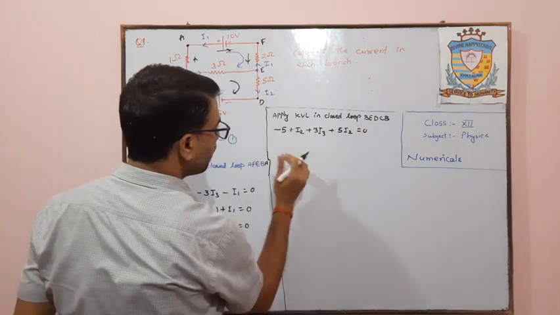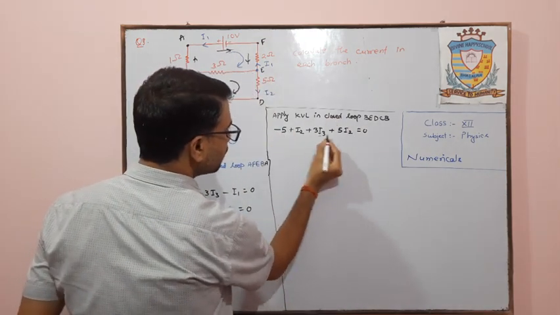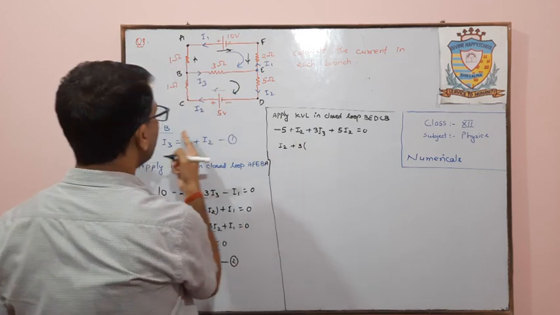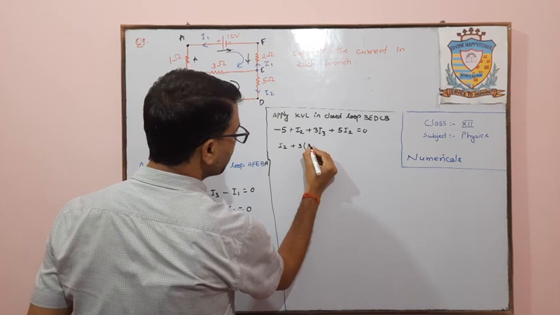We'll shift minus 5 towards the RHS. So here what we have is I2 plus 3 I3. In place of I3 now we'll put I1 plus I2 from equation 1.